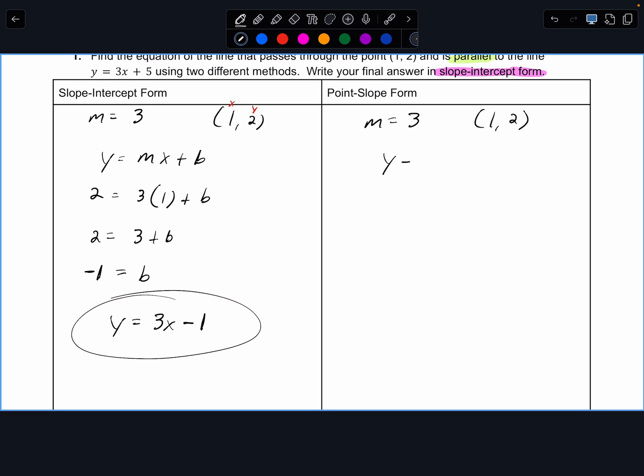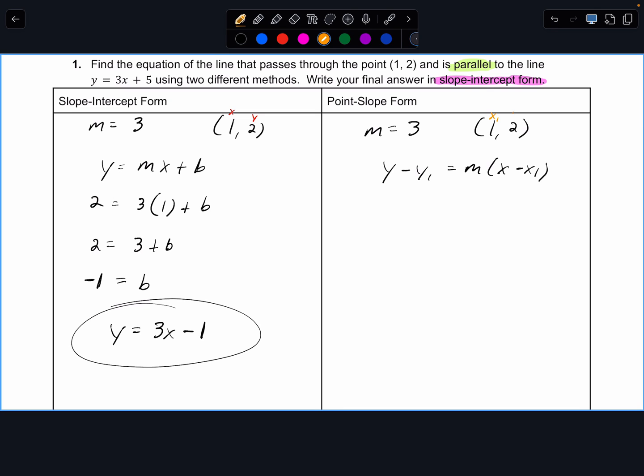Awesome, so copy it down. Now this is the tricky part using point slope. On the previous one we just did, we plugged in 1, 2 into x and y, right? I'm not going to plug into those with this one. Now I'm going to plug into x sub 1 and y subscript 1.